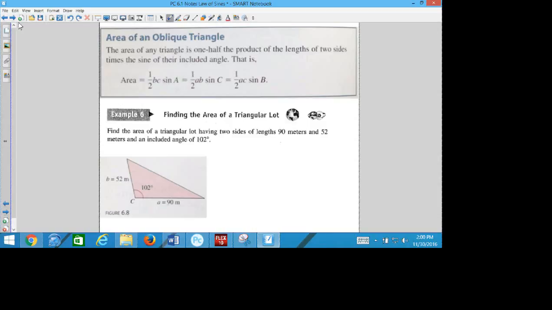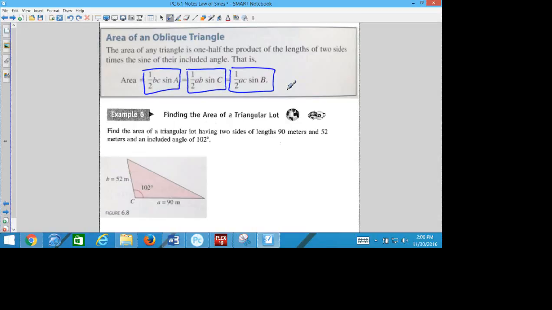There are 3 different formulas up here. Area is equal to 1/2 bc sine A, or 1/2 ab sine C, or 1/2 ac sine B. It just depends on the information that they give you. But I'm gonna simplify this. It's a half, the 2 sides, multiplied by the sine of the included angle. That means the angle between the 2 sides.